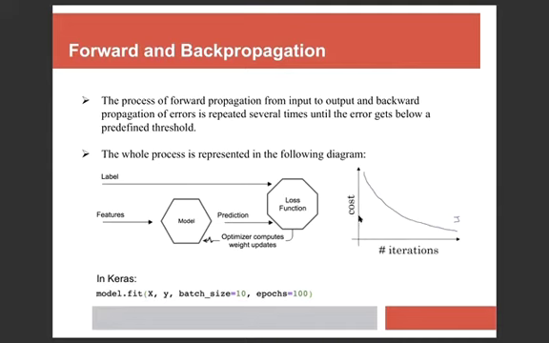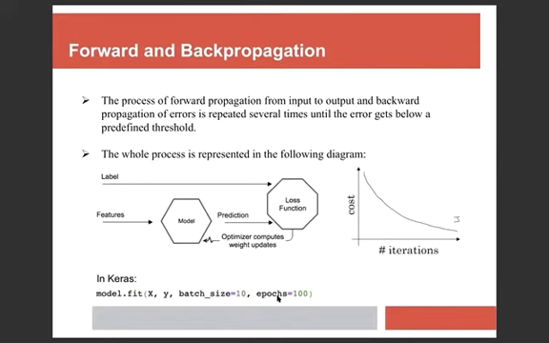In Keras, we will use the function model.fit to do this iterative step, and we will provide the training input and output. It is very simple. Pay attention that we have two parameters here. One is the epochs and the other is the batch size.